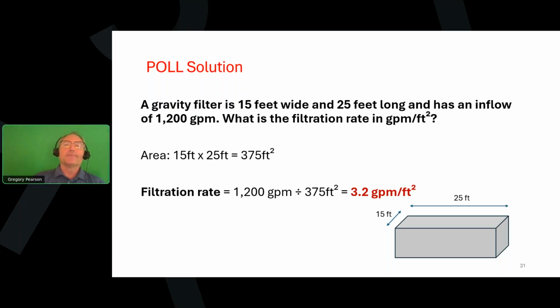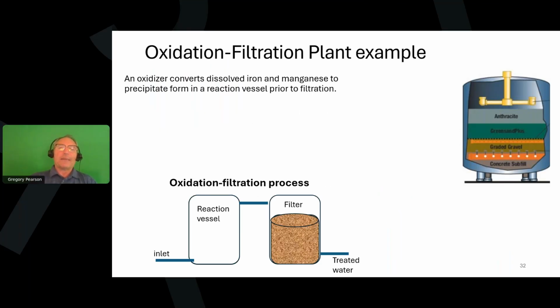Let's look at some other types of treatment here, and a lot of this is groundwater treatment. So first of all, oxidation filtration. This is also called iron and manganese removal. If we look at the upper right image, we can see that there's an anthracite layer and a green sand layer.